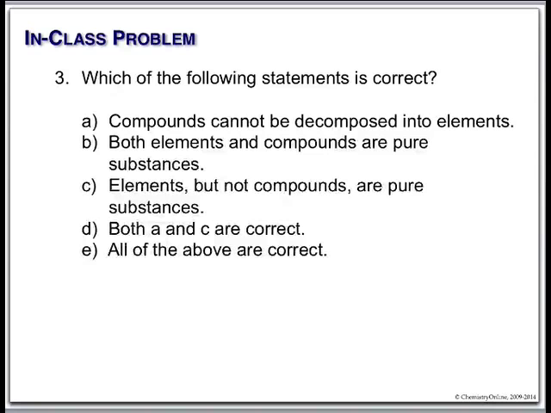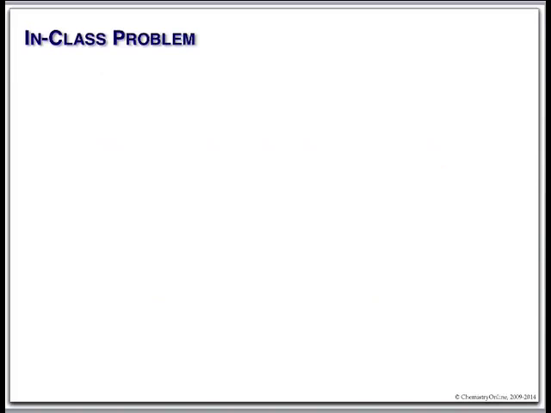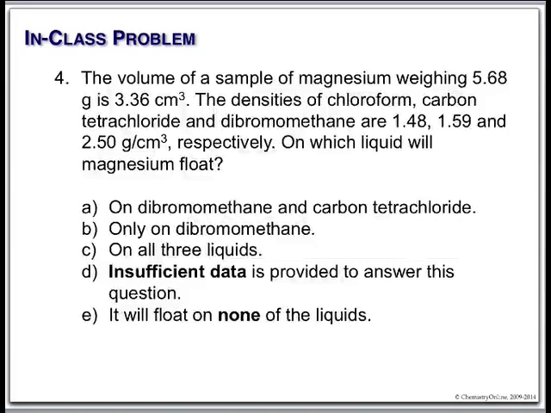The volume of a sample of magnesium weighing 5.68 grams is 3.36. Now, from that little bit of data, you can calculate the density, can't you? Now, we're going to take this magnesium and we're going to put it on a liquid.